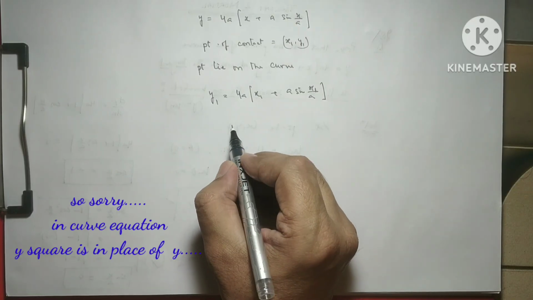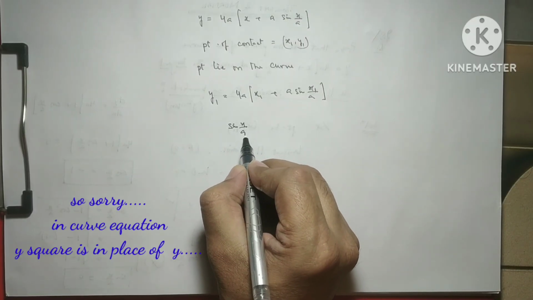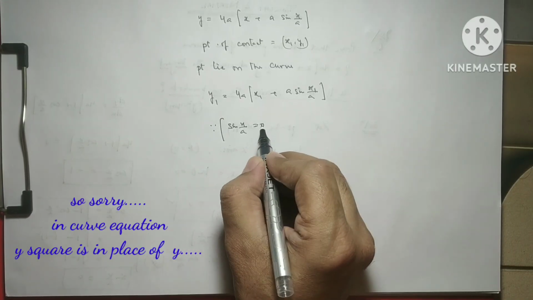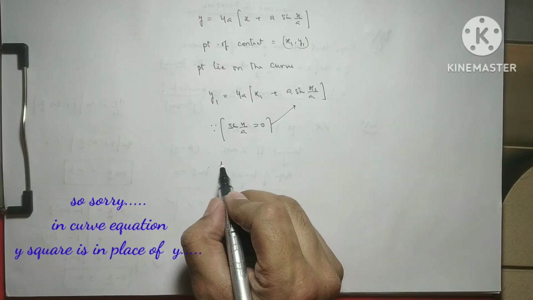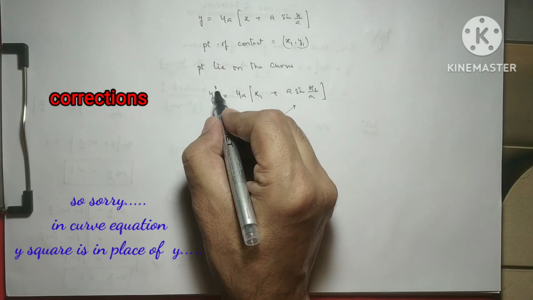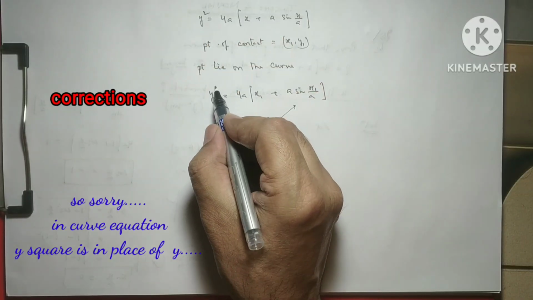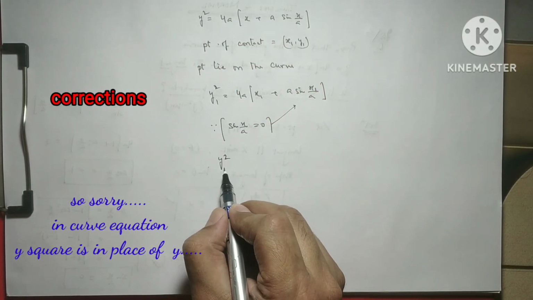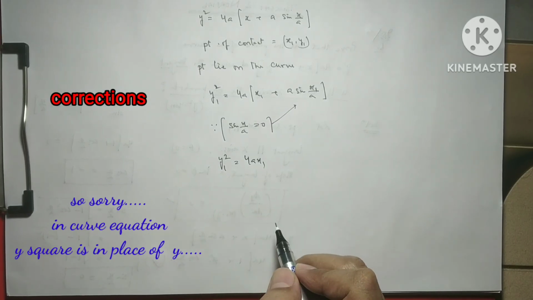As we know, sin x over a is 0. It means when we put it in this expression, we get y1 square equals 4a x1.